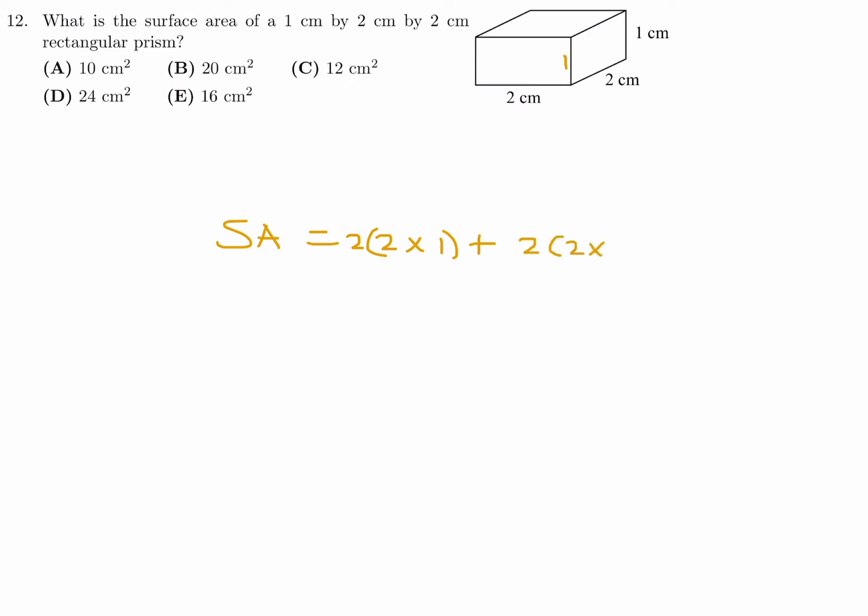So 2 times 2 by 1. And then finally, the side that's a 2 by 2, there's one on the top and there'd be one on the bottom. So 2 of those. So 2 times 2 times 2. So that looks like 4 plus 4 plus 8, and that is 16. Number 12, the answer is E.